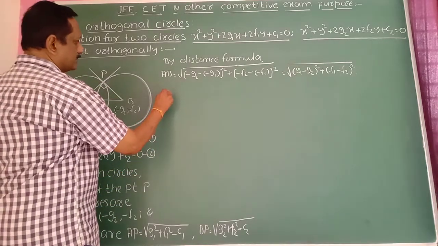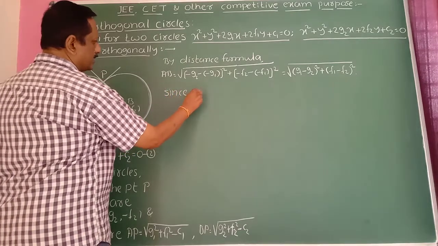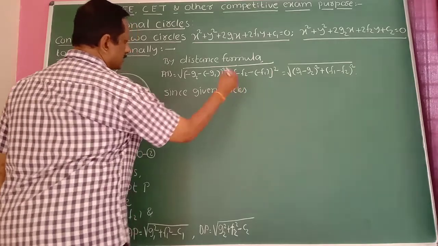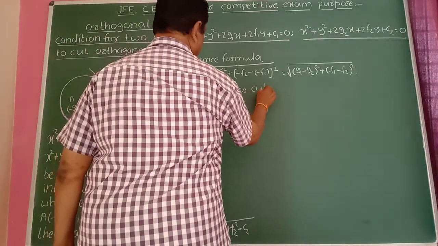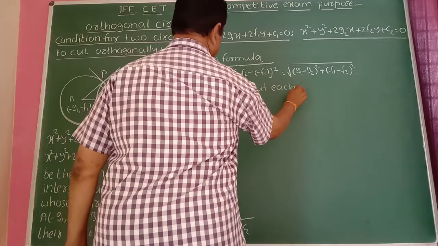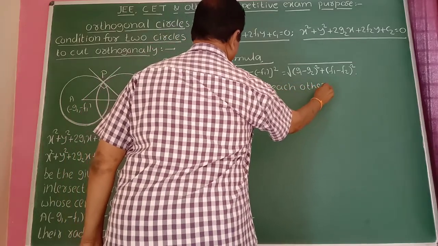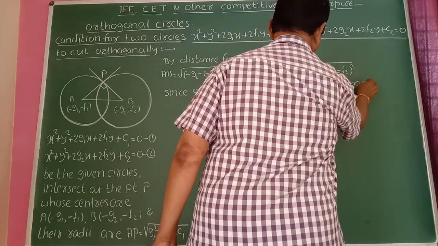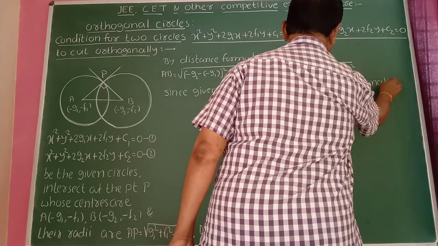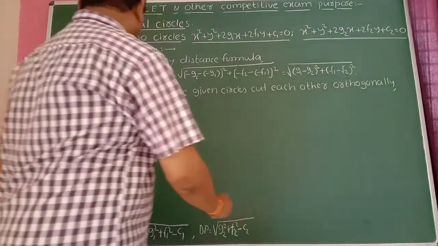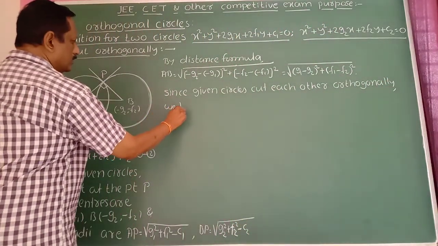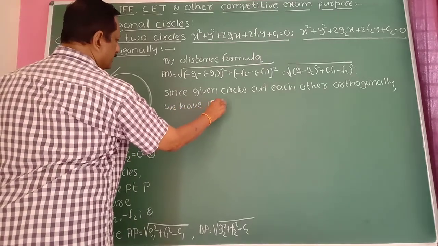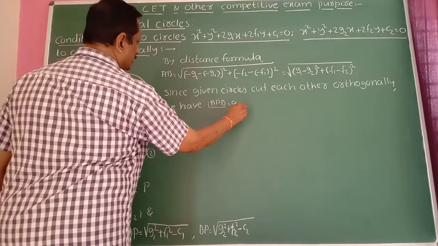Since the given circles cut each other orthogonally, we have angle APB equal to 90 degrees.